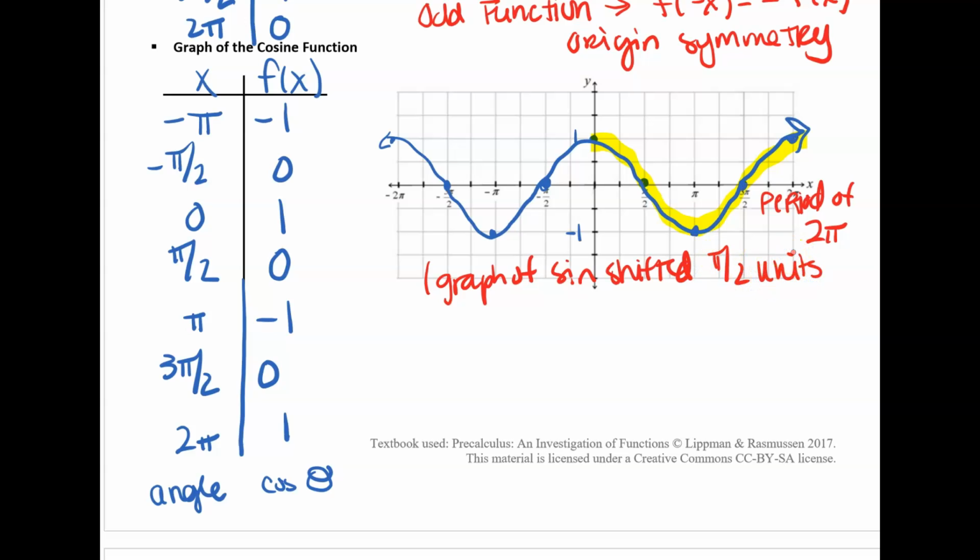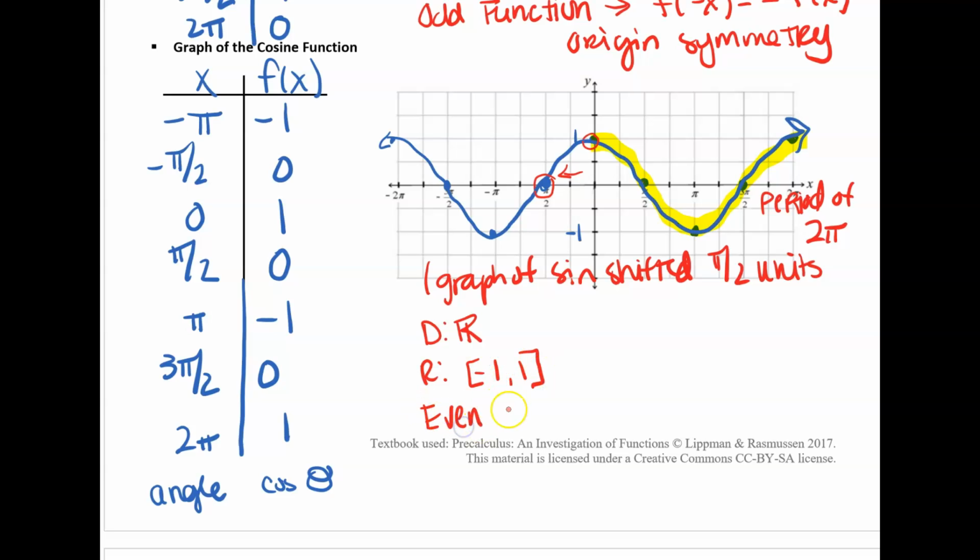And so now instead of being at 0, 0, like this point was on the origin for sine, it shifted pi over 2 over, and so now our 0 point is up here at 1, but it still maintains that same curve, just shifted. So the same is true for your domain. It's all real numbers. Your range is from negative 1 to 1, like we just saw before.